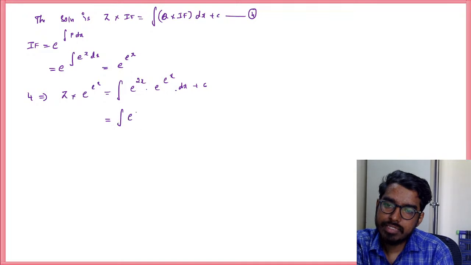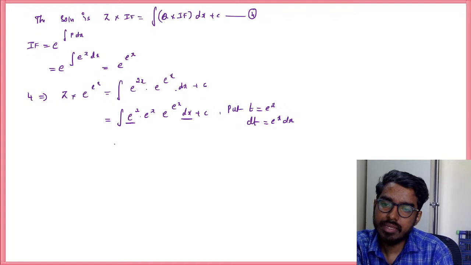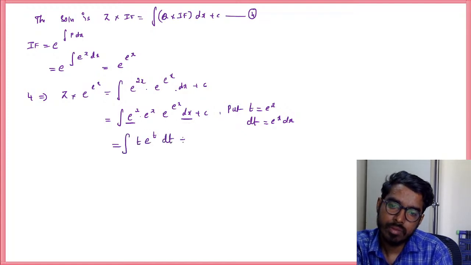This will be integration of e power x, e power x dx plus c. So put t is equal to e power x. Therefore dt will be e power x dx. So it will be integration of t into e power t dt plus c.